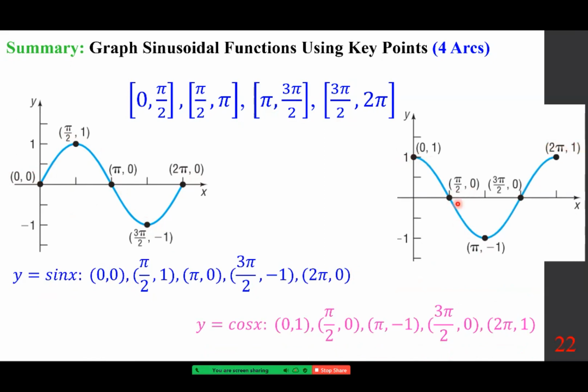Regular or basic cosine function, 1, 2, 3, 4, 5 points. And again, the arcs are 1, 2, 3, 4. So you want to distinguish among those.